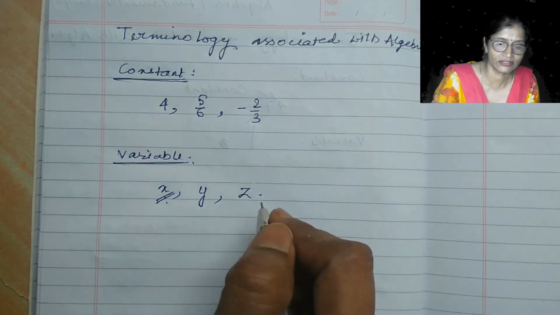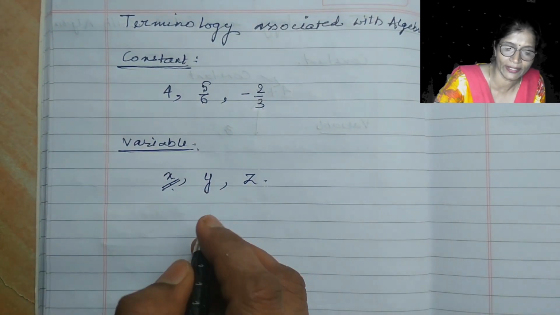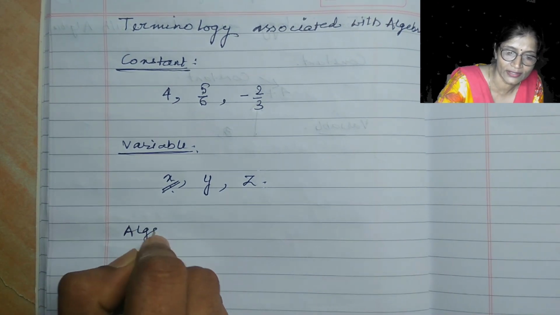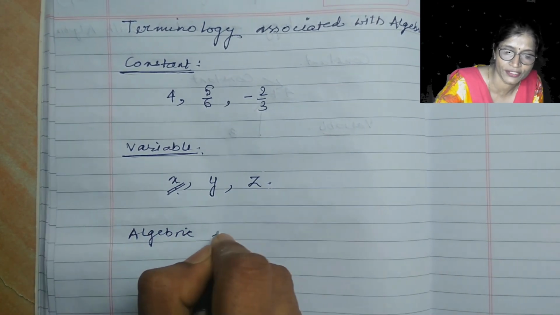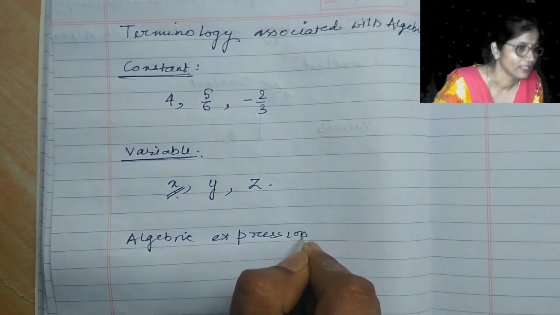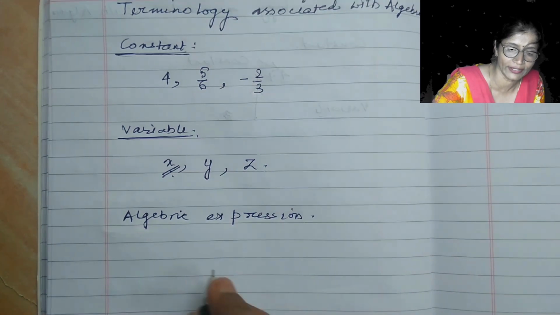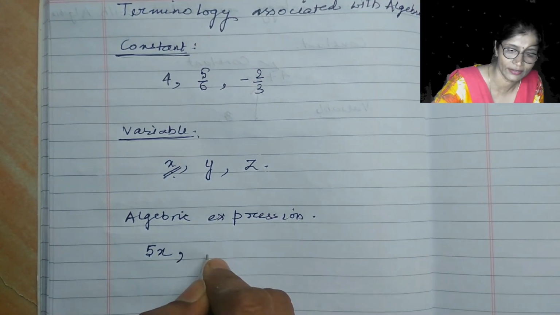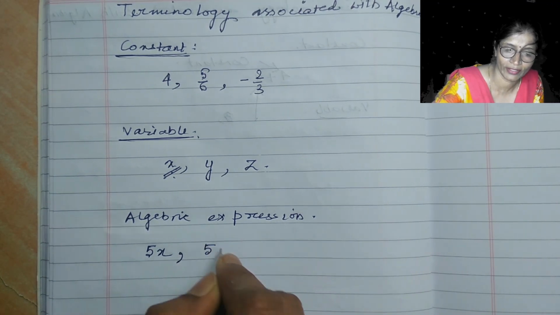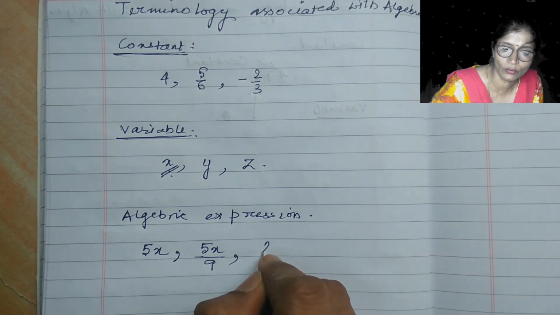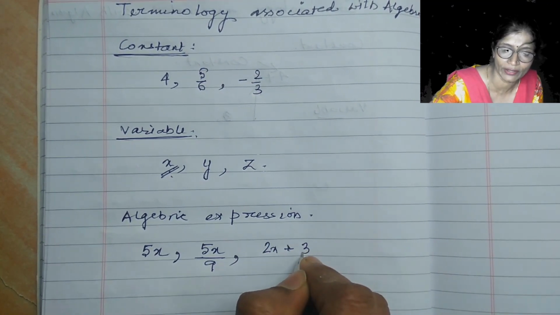And next is an algebraic expression. What is an algebraic expression? Suppose I write 5x, or I write 5x divided by 9, or 2x plus 3y.